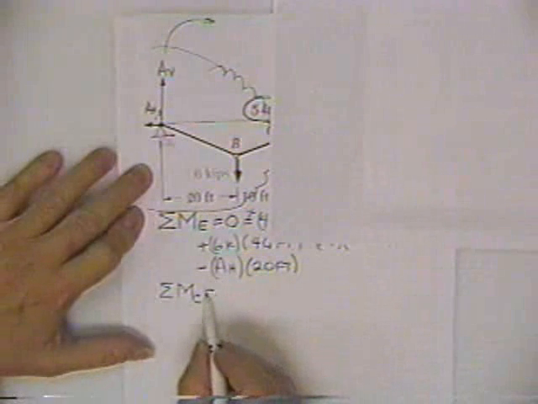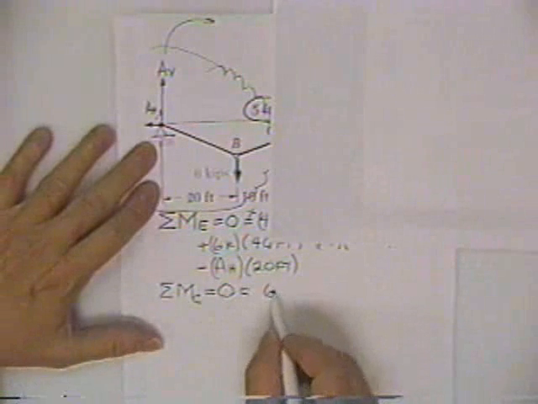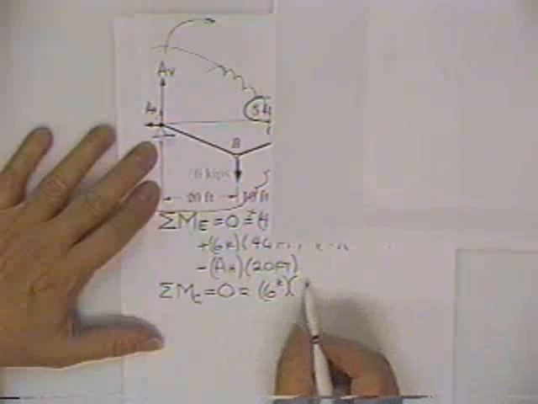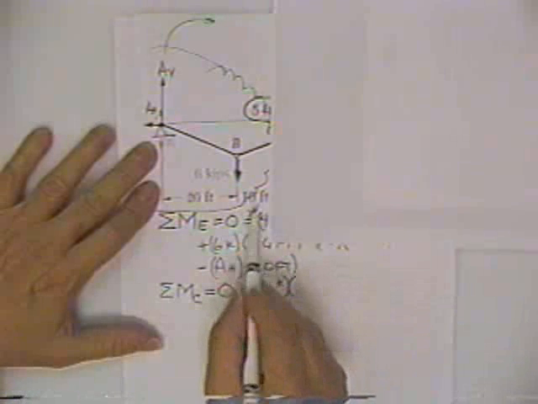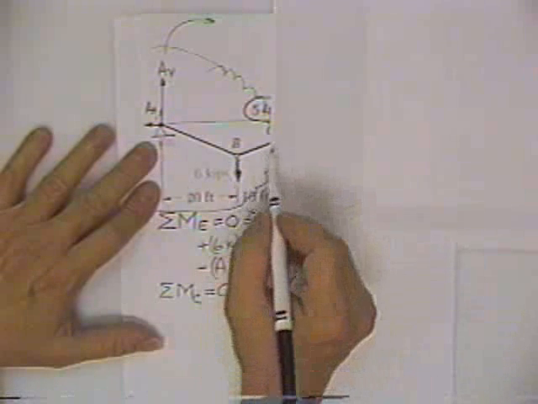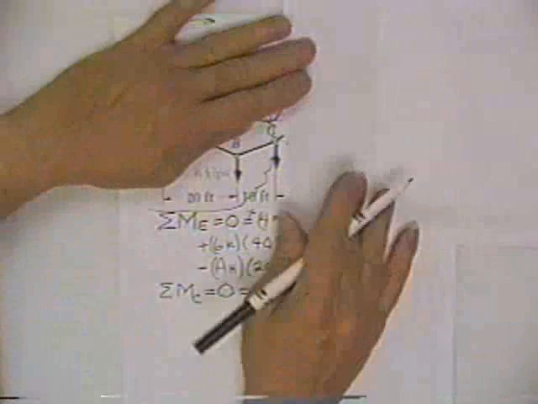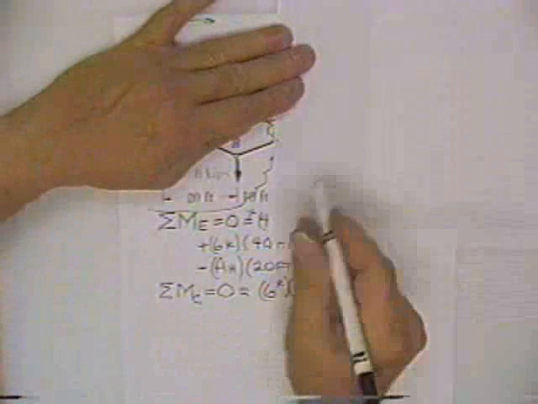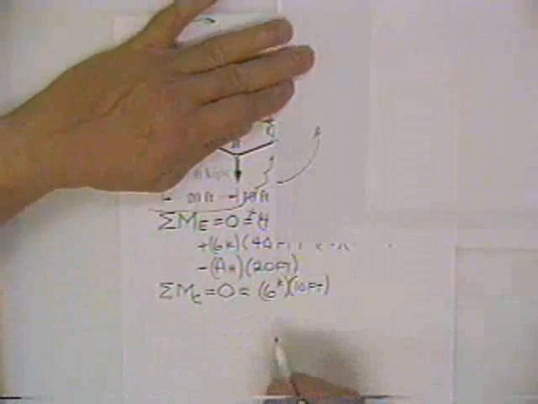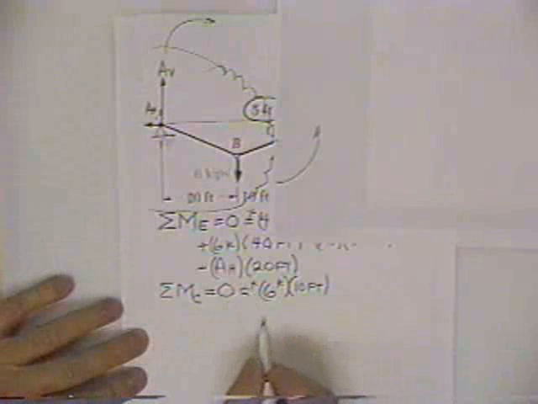All right, we say the sum of the moments about C is equal to 0 is equal to, first I see a 6-kip load. He is 10 feet away. Were he to get away from me about point C, he would roll this way. That is a positive tendency to roll, so I put a plus in front of that moment.